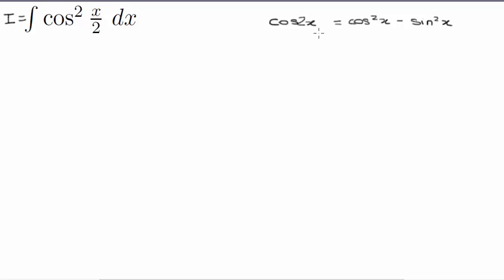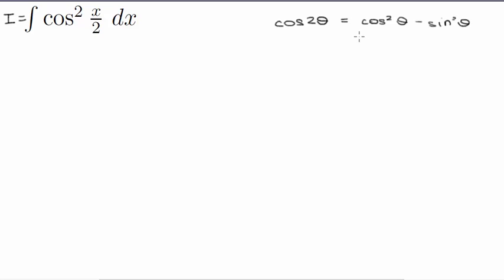Actually, instead of x, I might make it theta. So cosine 2 theta equals cosine squared theta minus sine squared theta.